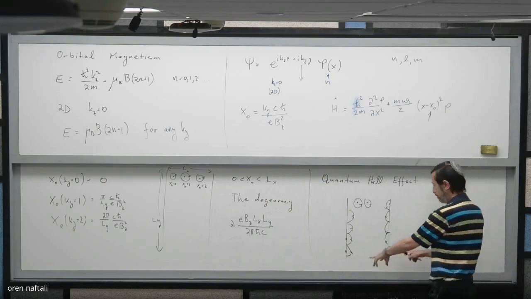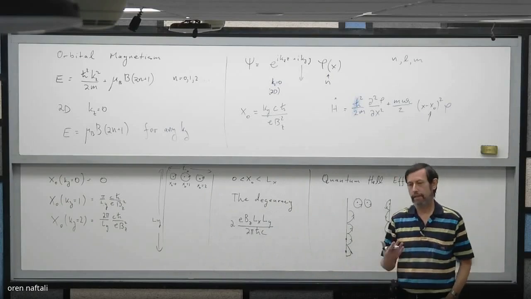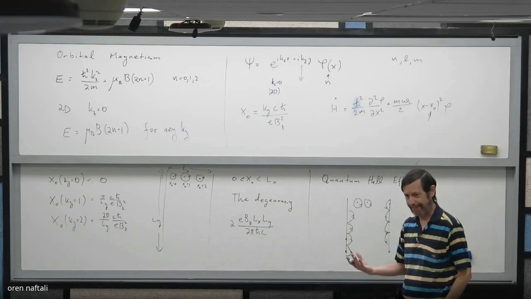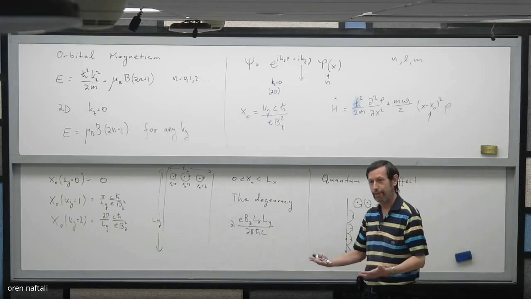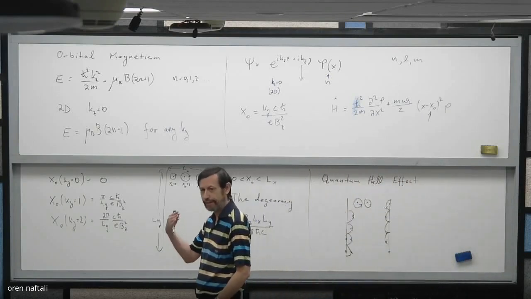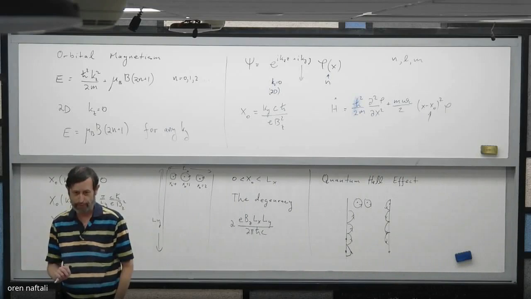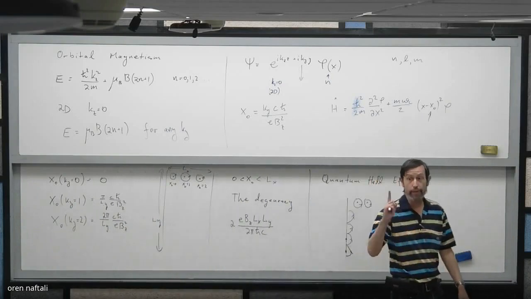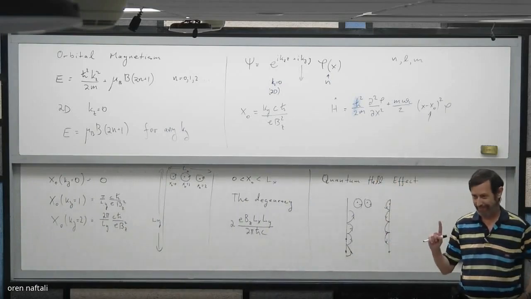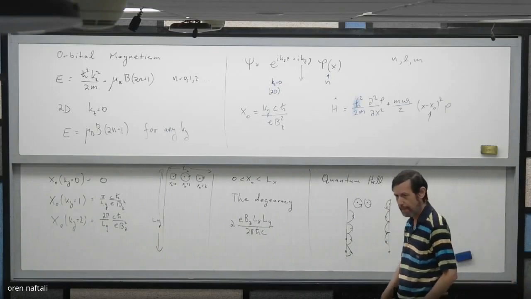And if I put here a potential difference, like what I have in the Hall effect, I can populate one and not the other, and the current will correspond exactly to one propagating state. And that's the quantum Hall effect. And then the current is a current of a single electron, because it's a single state going through the system.